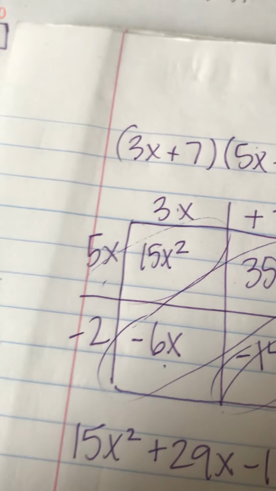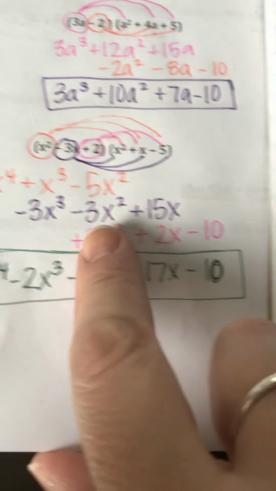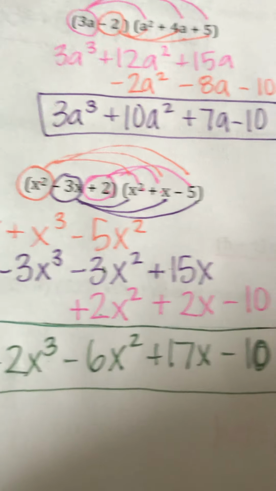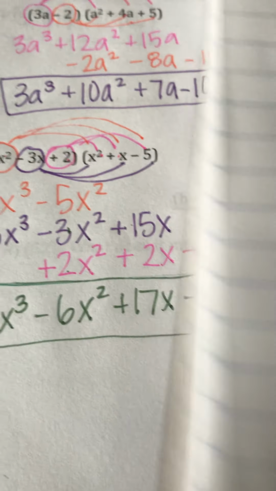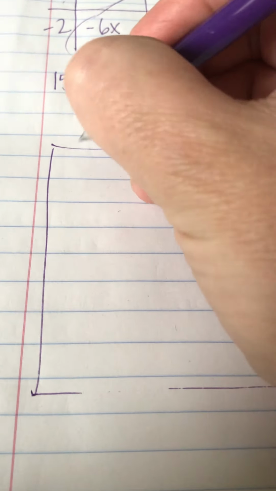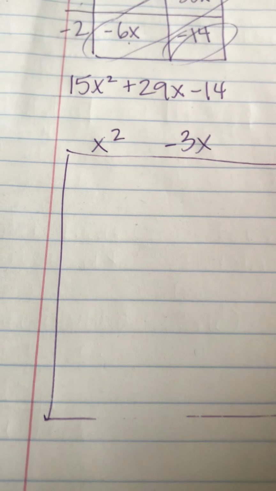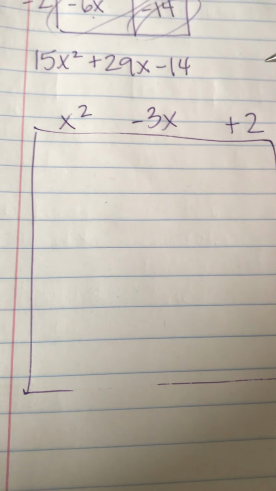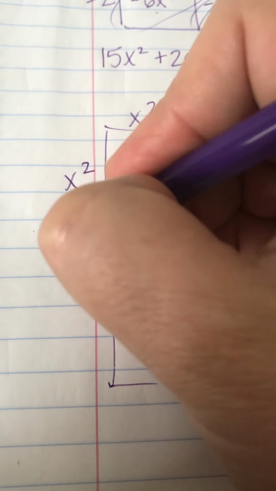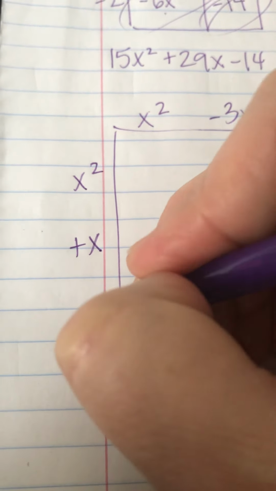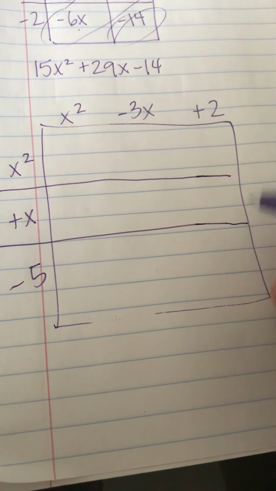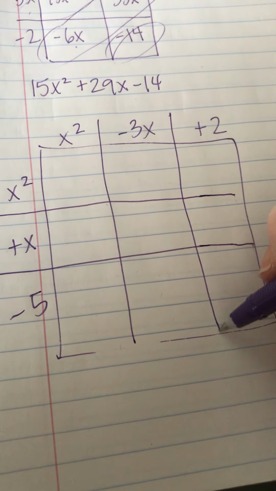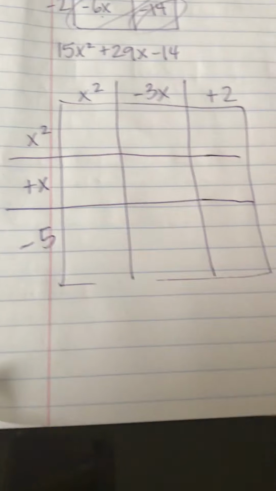And when you're working with some of the larger ones, let me put this one on here. This is a little bit bigger. So there we had x squared minus 3x plus 2, and we had x squared plus x minus 5. Okay, so this is a 3 by 3. I guess I didn't quite need the box that big, but the idea is the same.